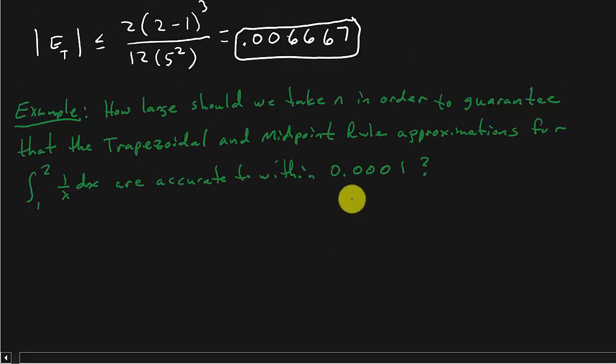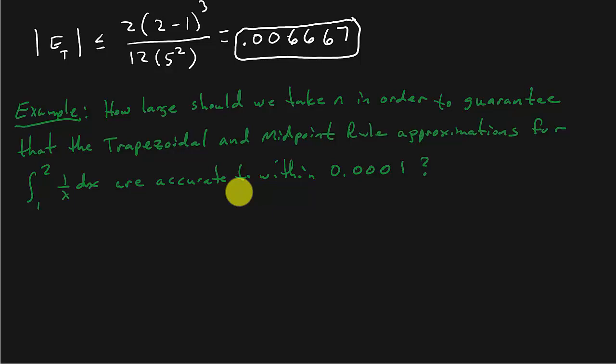They're saying, I want my error to be no worse than this. So what does n need to be? That's what we're looking for in this problem, and it's for the trapezoidal and midpoint rule approximations, so we're going to look at both of them.